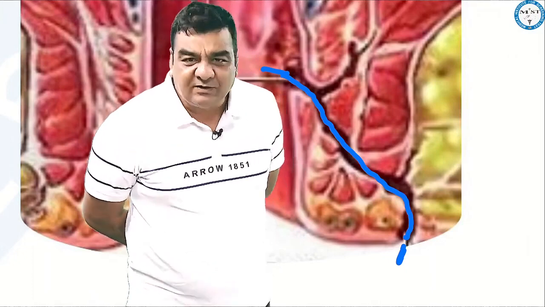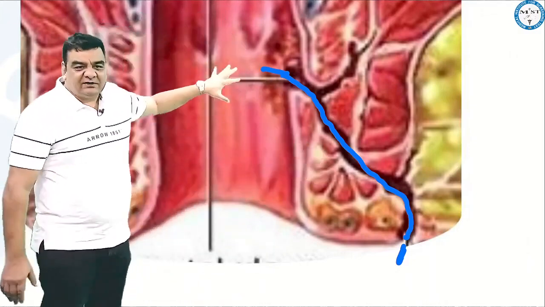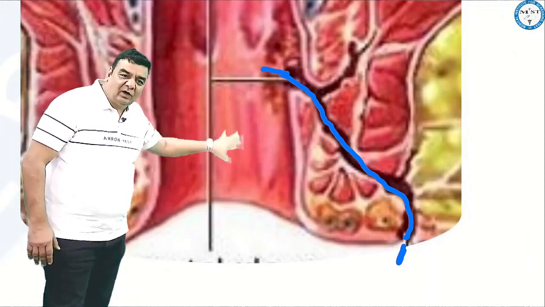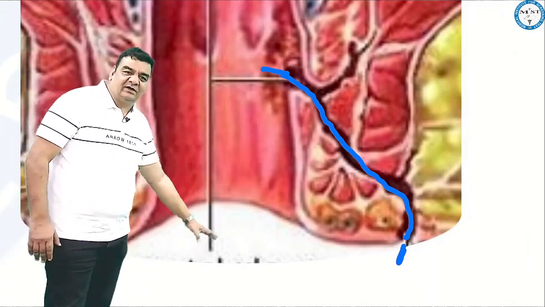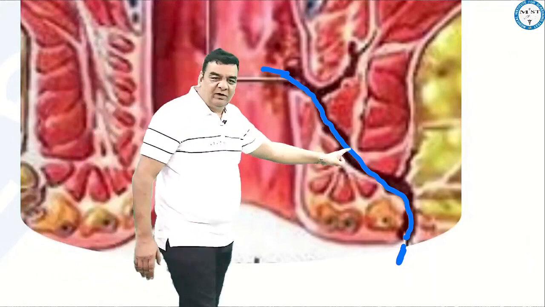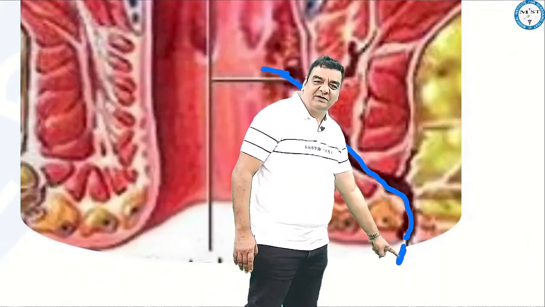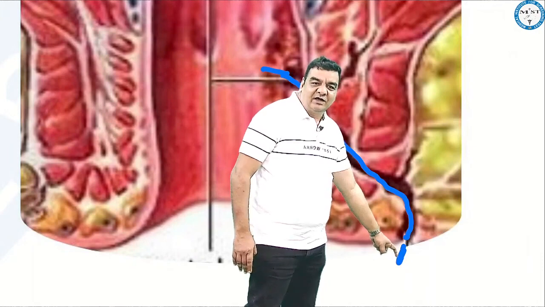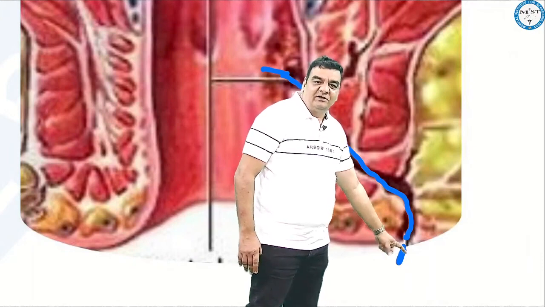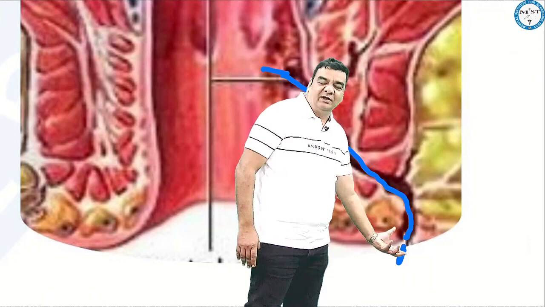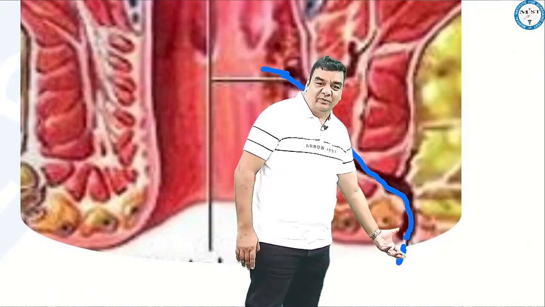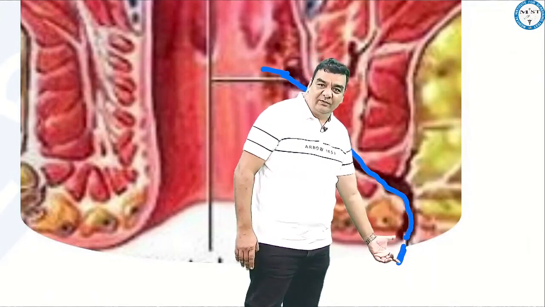How can these fistulas present, beta? Like if we talk about fistula in ano, you can very well understand that whatever stool is coming from this route, whatever contents are coming from this route, these contents can also be coming out from this route, right? So the patient may present with fecal discharge coming out from this opening. The patient may even present with some flatus coming out from this fistulous opening, not the sinus, the fistula opening, right?